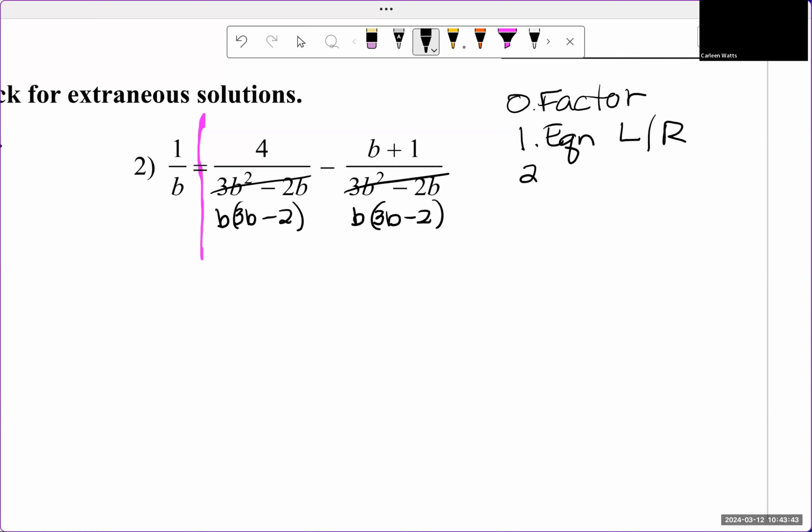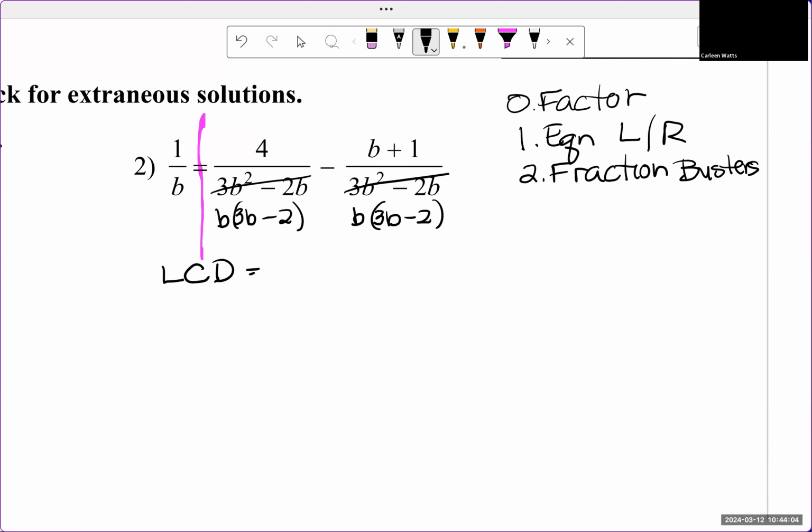So I'm going to do fraction busters. Okay, so I need the least common denominator. The least common denominator has to have all parts represented.